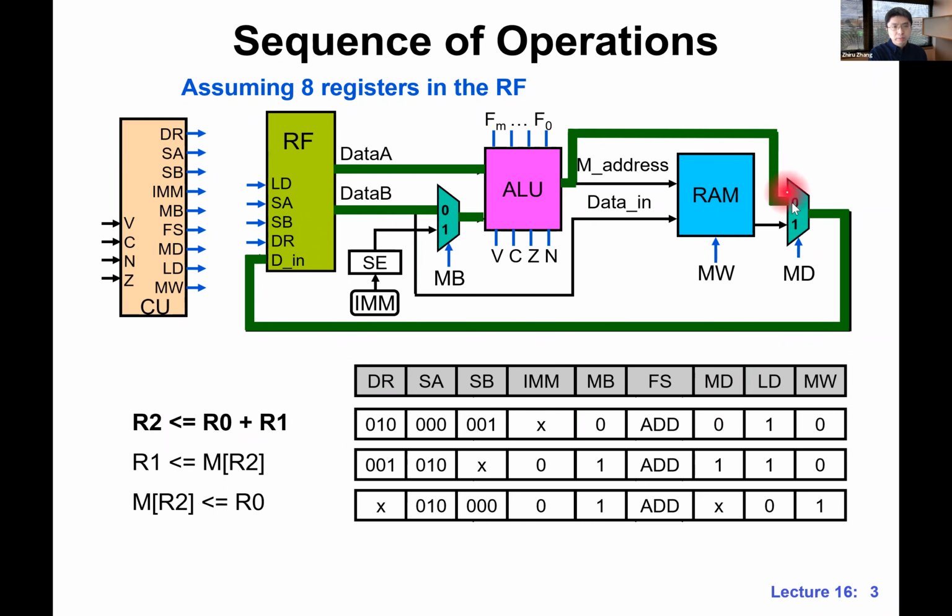We take the ALU output and we write it back to RF. So that's where we set LD. Of course, we need to set the correct addresses, SA, SB, and DR. And we also need to set the load enable, or write enable, for the RF. So this is the first instruction.